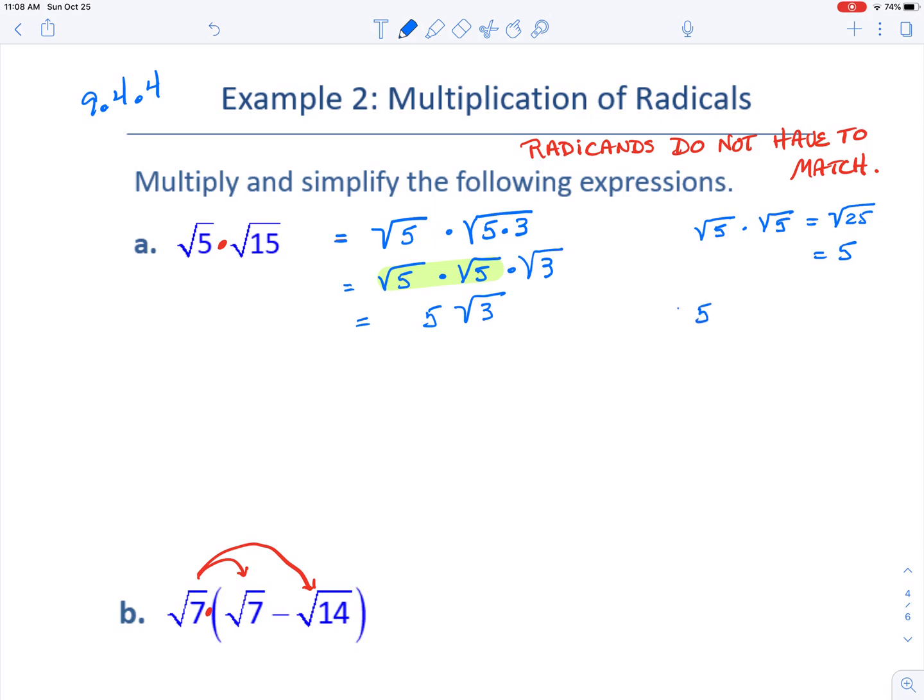That's one way to think about it. Another way to think about it is to think of this in terms of fractional exponents. So 5 to the 1/2 times the same base 5 to the 1/2 becomes the same base 5, and you add the exponents.